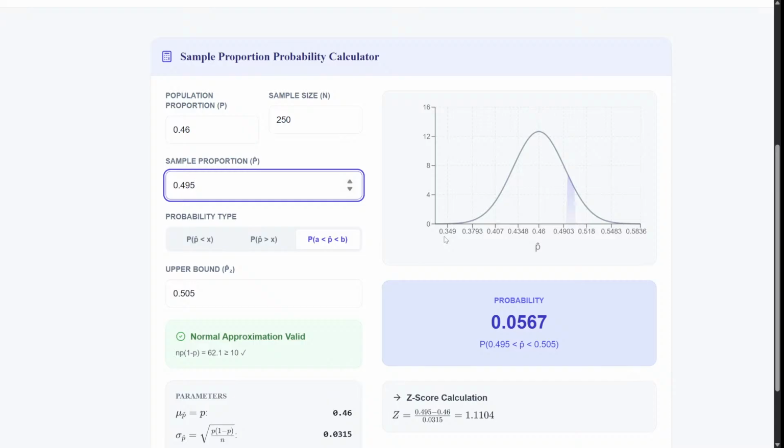Half below, half above. Out of every 100 samples of 250 adults, approximately 72 results. Oh, never mind. Two different parts of the question. That's why. I'm like, what?